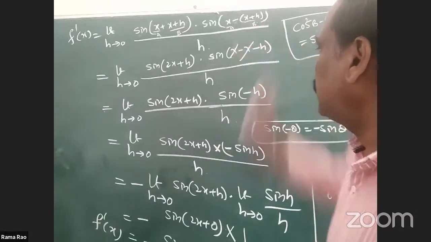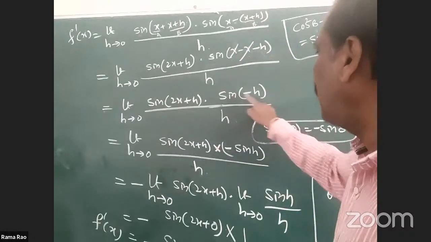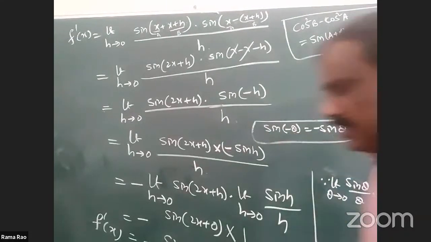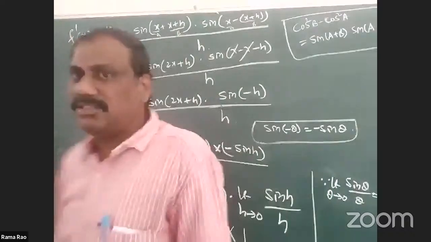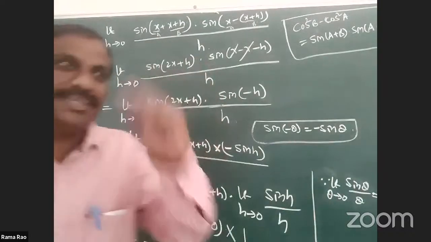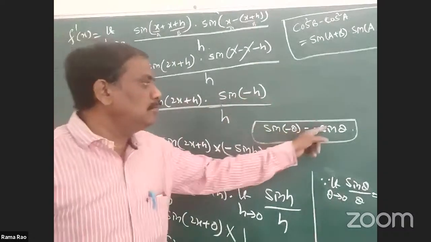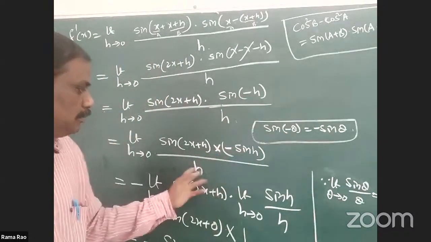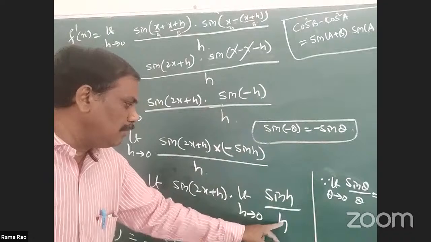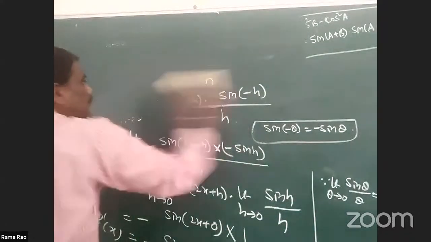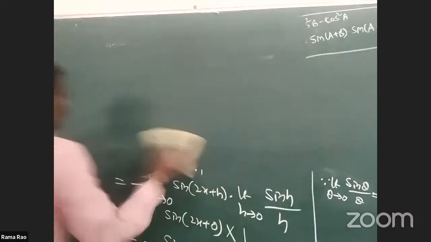Plus minus cancels. The remaining is sine of minus h. Sine of minus theta equals minus sine theta. Sine theta is an odd function, cos theta is an even function. Minus sine h by h, and sine theta by theta equals 1. That is the solution.